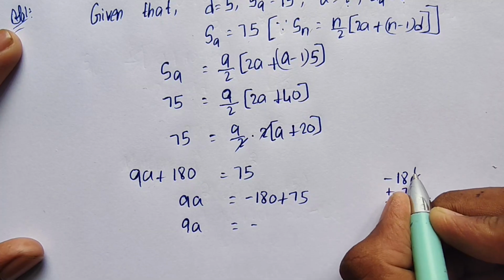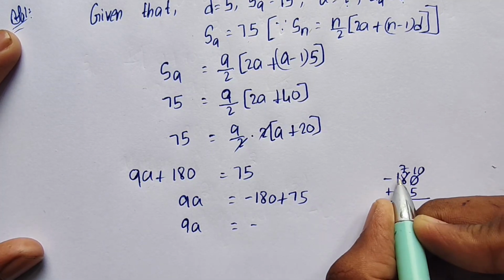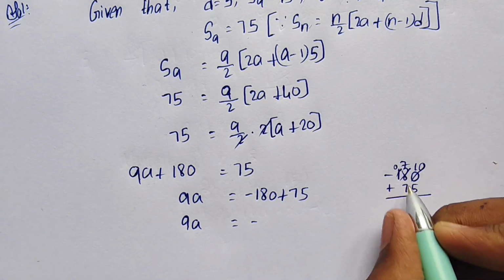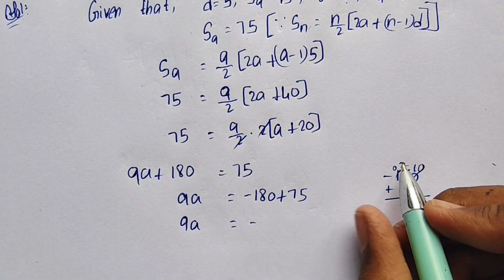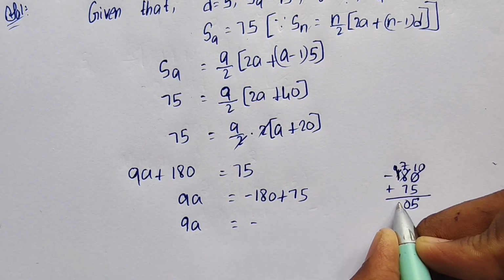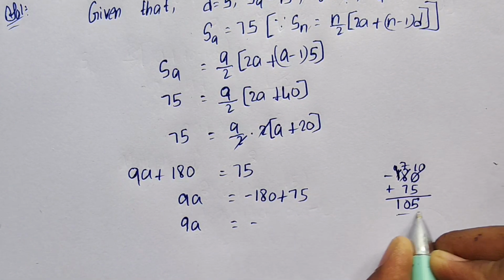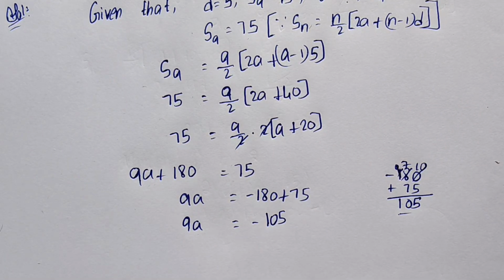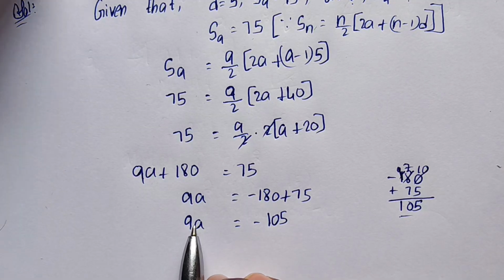Subtracting, we get 105, so minus 105. Here a is multiplied by 9.